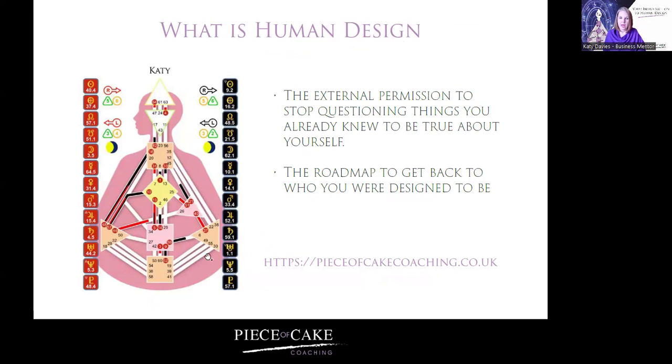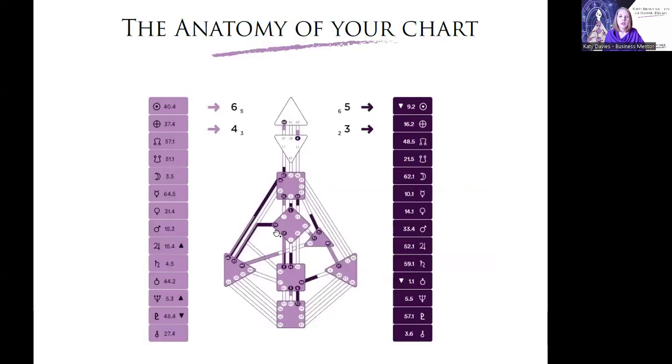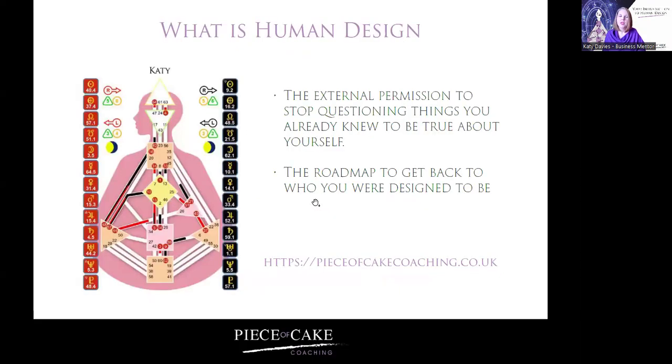So they have black down one side, red down the other, and then they use different colors for all the centers. Whereas my brand colors, I've got a dark purple, a light purple, and I don't actually use different colors for the centers. But the reality is, no matter what chart you get, the colors don't matter.